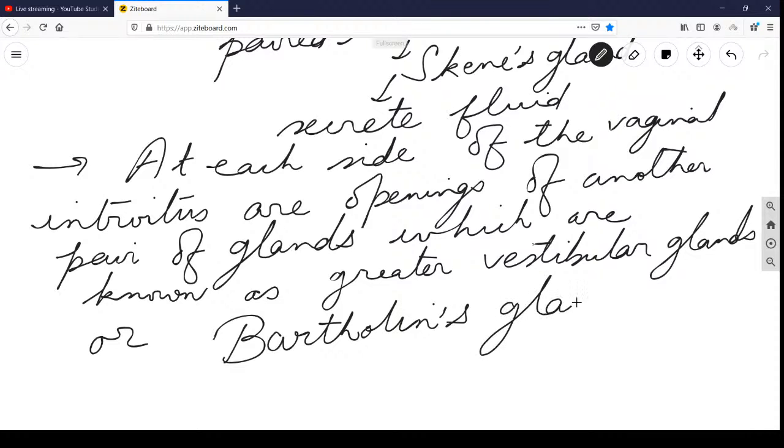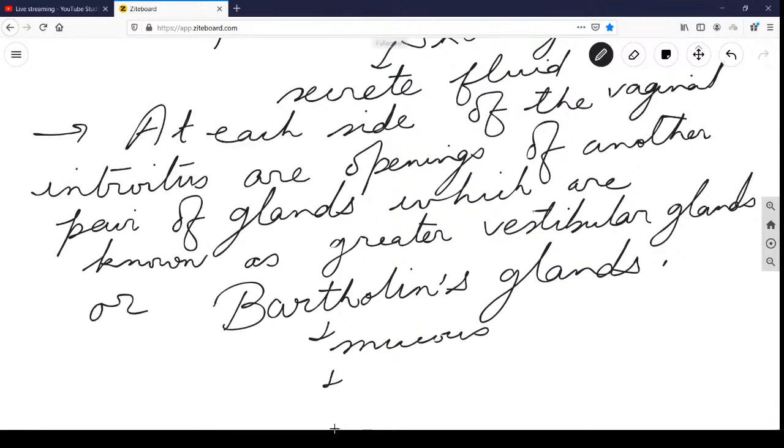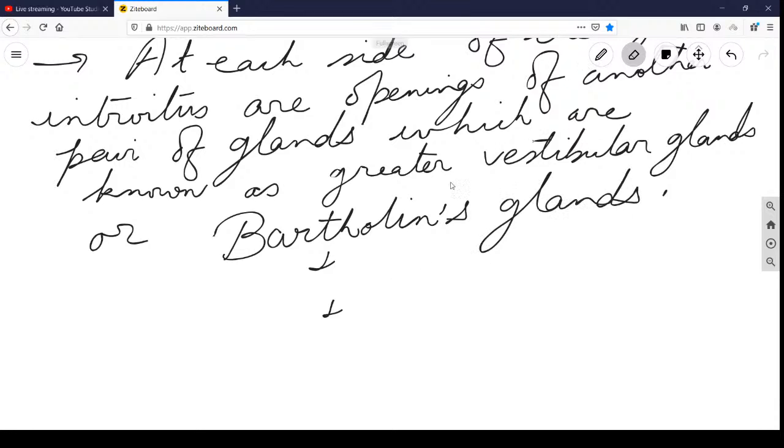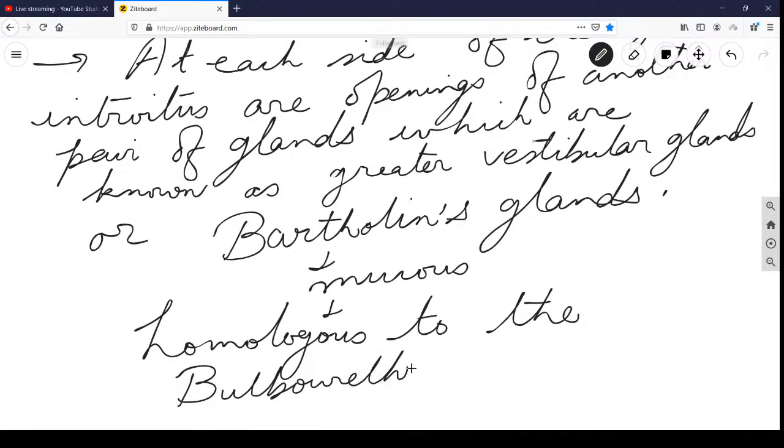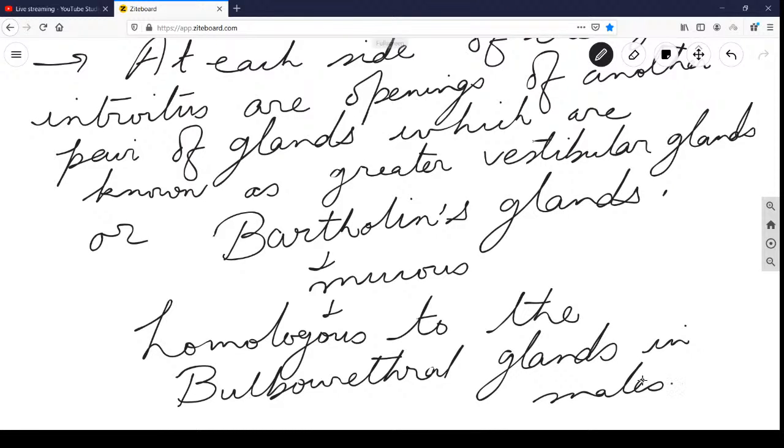Now, what do these glands secrete? Bartholin's glands secrete mucus and are homologous to the bulbourethral glands in males.